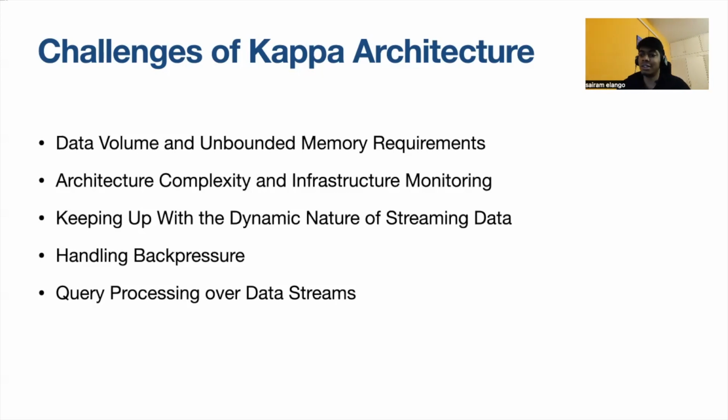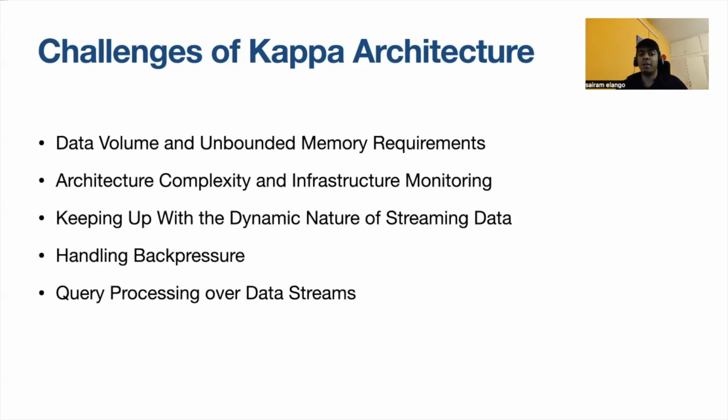The first one is data volume and unbounded memory requirements. In batch processing, you would have a defined memory for processing, and that processing will take place on defined data that is generated over time. Unbounded memory requirements, what I mean by that is, in our example, it was a social media app, right?